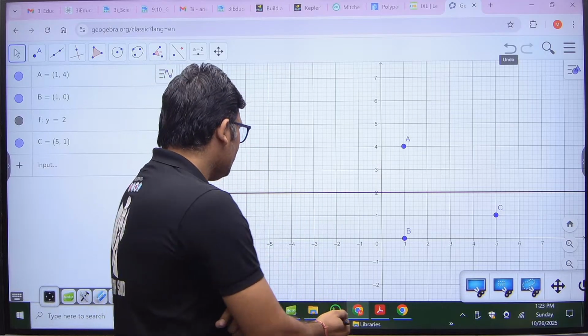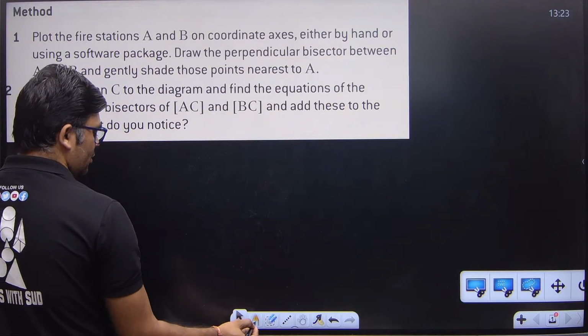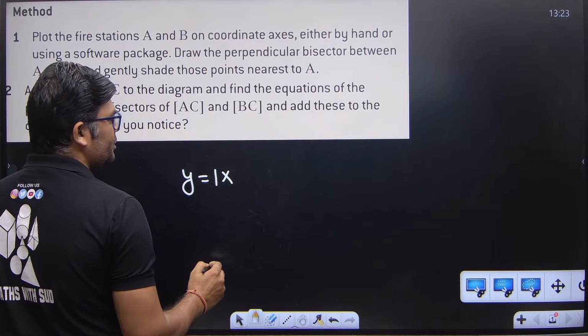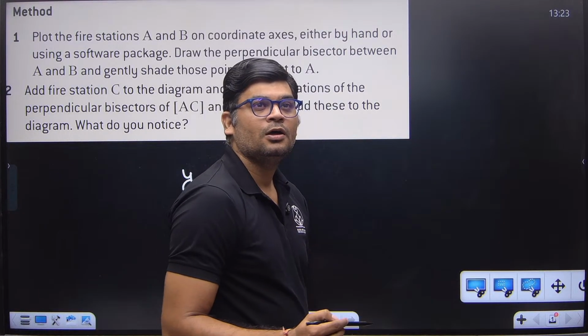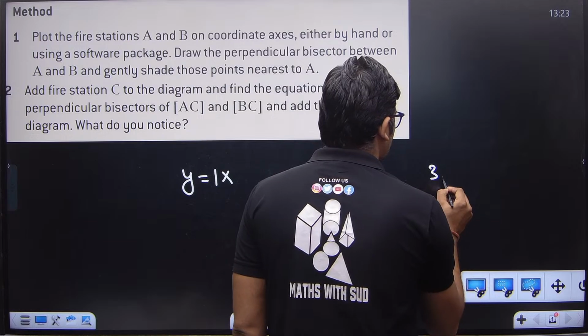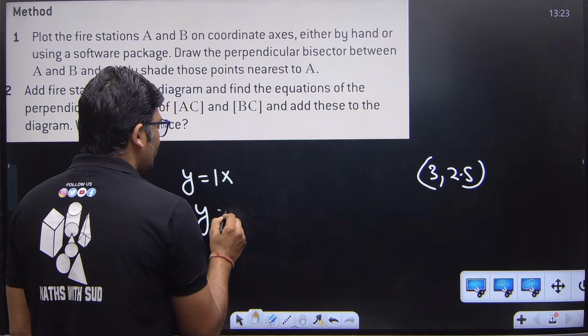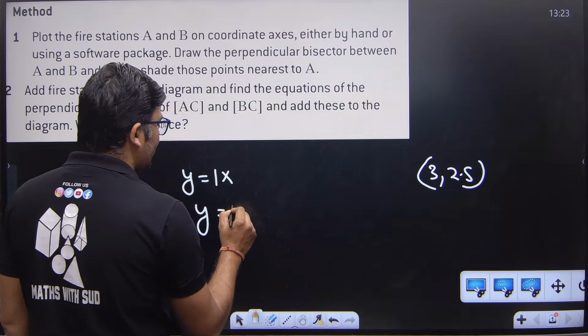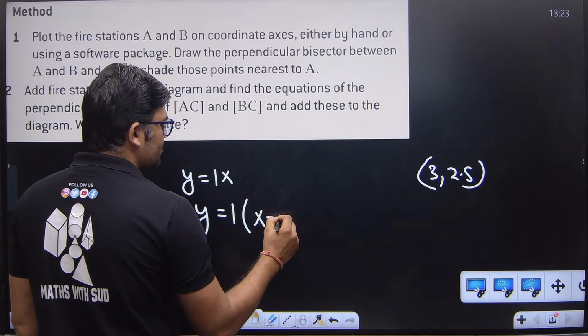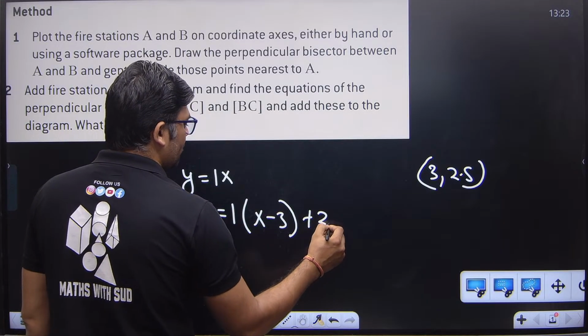So can you tell me what is the equation of a line which has a slope of 1 and which is passing through 3 comma 2.5? The equation will be y is equal to 1 times x minus 3 plus 2.5.